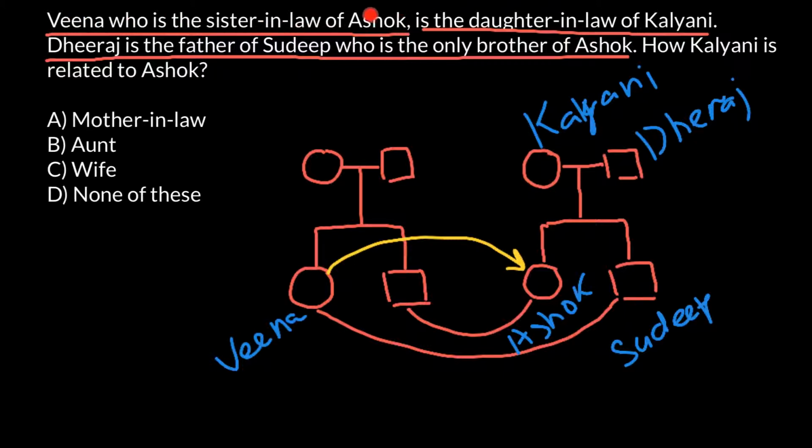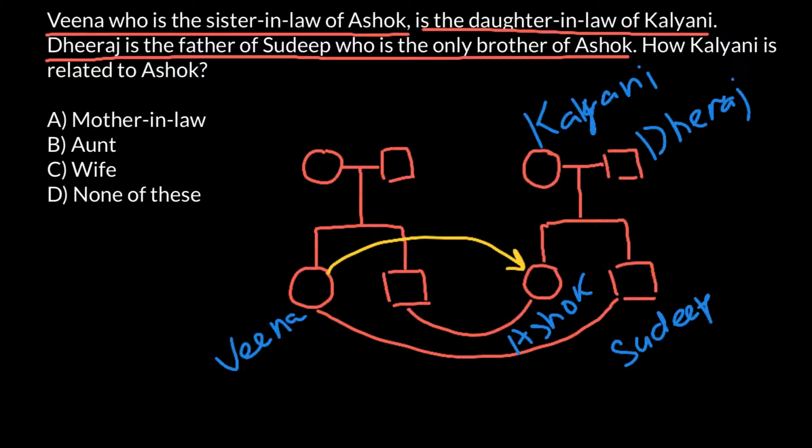Veena, who is the sister-in-law of Ashok, Veena is married to Sudip, so Sudip's sister would be, so Veena would be sister-in-law of Ashok, who is the sister of her husband.